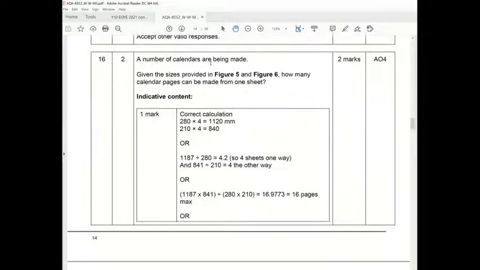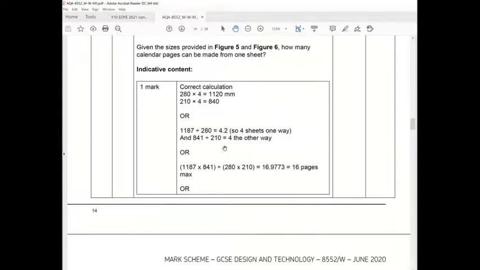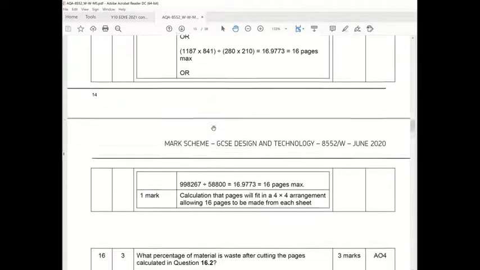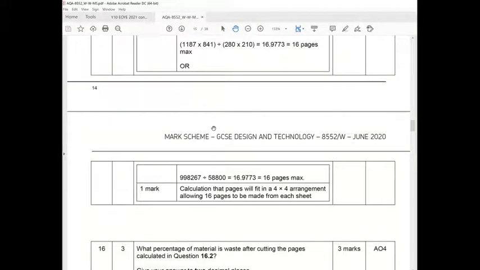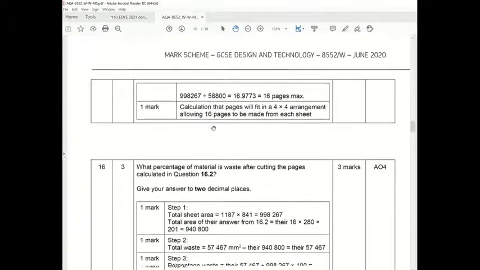Correct calculation here. 16 pages, yeah. And how do you do that? You just work out it's 4 sheets by 4 sheets. So that's just a little bit of trial and error of just having a look at it and working out. Right, moving on to the next part.